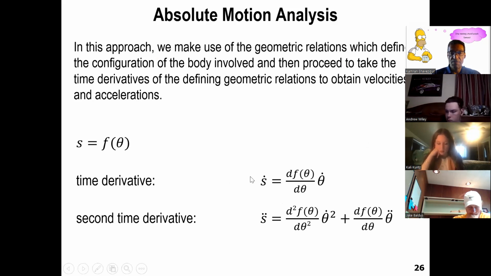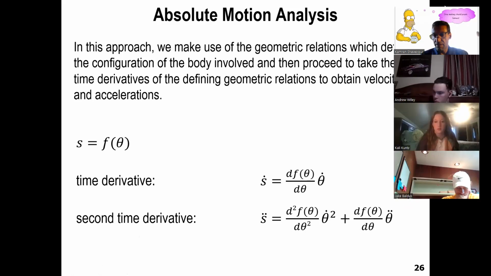When you take the time derivative of displacement, S dot, which is the velocity of that single point, you get a function based on theta and theta dot. And when you want to find acceleration, S double dot, you take the second derivative and you get functions that have sine theta, cosine theta, tan theta, and then theta dot and theta double dot. So from the geometry, you can relate the velocity and acceleration of a point to angular velocity and acceleration. Is the general concept clear?